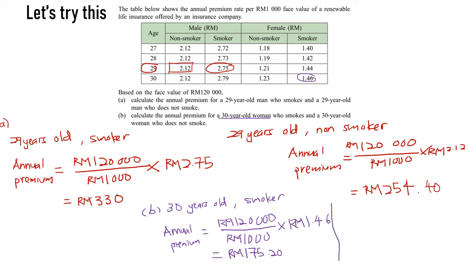Another person is 30 years old and a non-smoker. So the rate that she needs to pay will be slightly lower compared to the one who is a smoker. By using the same way of calculation, the annual premium equals 120,000 over 1,000 multiplied with the rate that she needs to pay, which is 1 ringgit 23 cent.